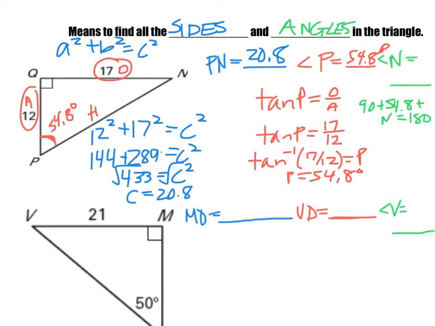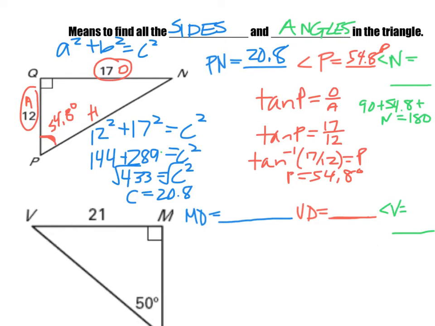And when you do a lot of these problems, what you're going to notice is that we're dealing with right triangles. So I'm always going to have that 90-degree angle. And so I could actually be always subtracting the acute angle I have from 90 degrees because the other 90 degrees is always accounted for.